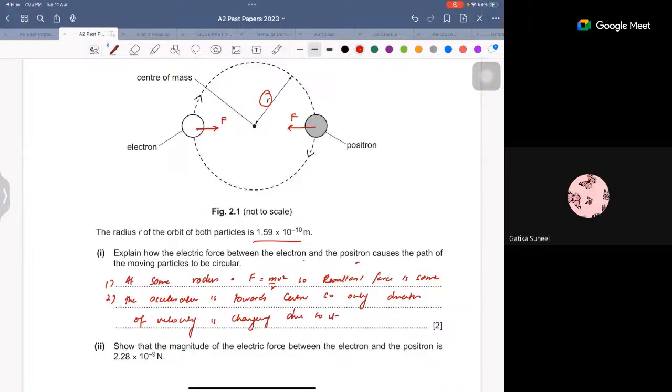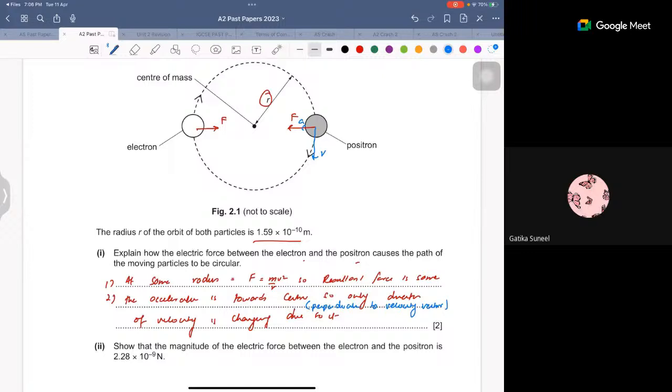Force is towards the center, and you can add one more point: it is perpendicular to the velocity vector, because the motion is going like this and the acceleration and force are this way. That's why it's changing the direction.